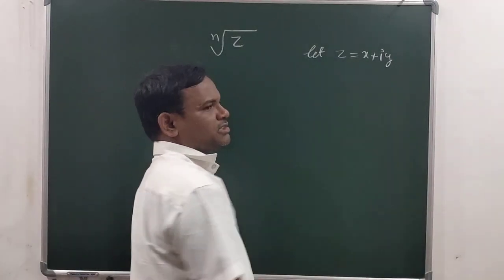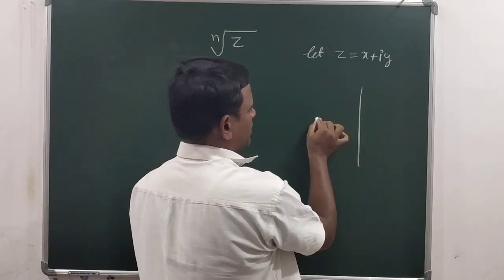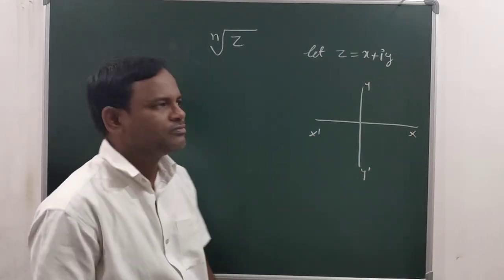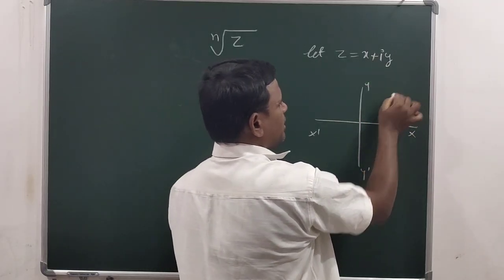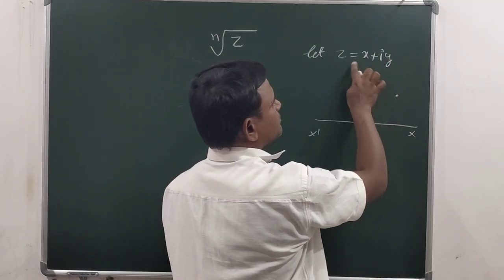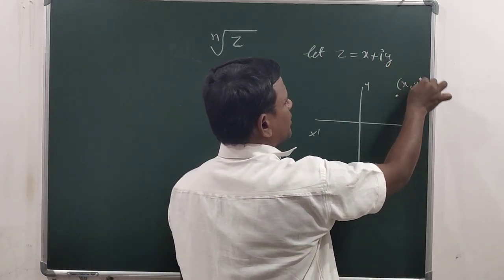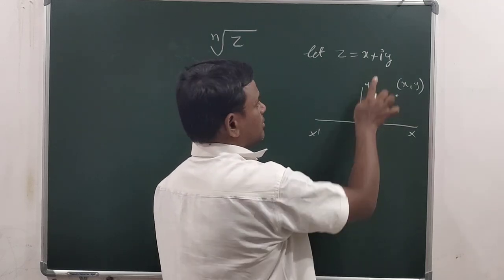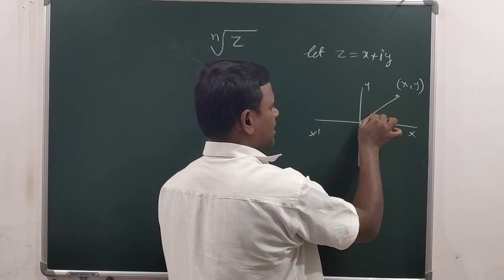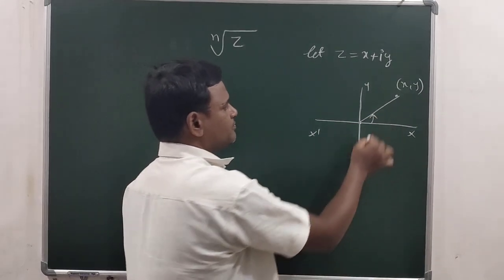You know how to express this complex number into the polar form, or you can call it the modulus amplitude form. How do we express it? Take this Argand plane, and the number may be located in any one of the quadrants. Here I am assuming this complex number over here, and if you connect this point from the origin, this terminating ray makes an angle theta.